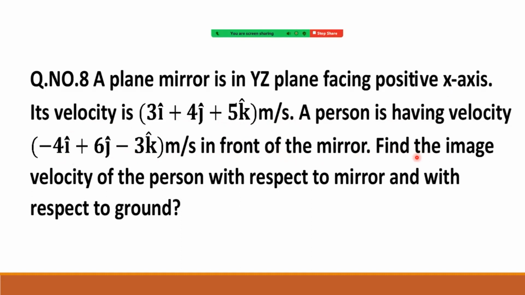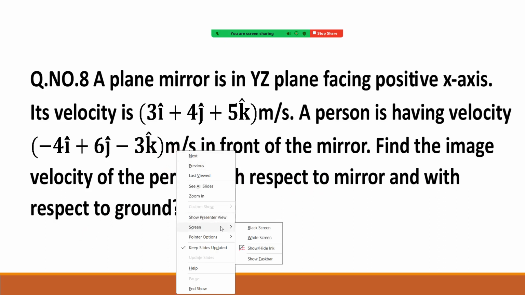Find the image velocity of the person with respect to mirror and with respect to ground. So given velocities of mirror and object, we have to calculate image velocity with respect to mirror and with respect to ground. Let us see how to start.